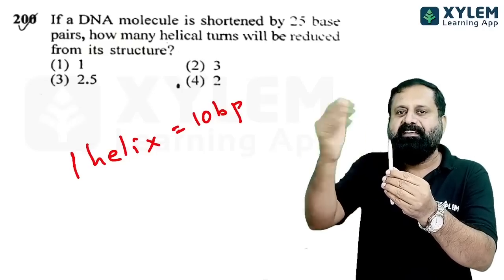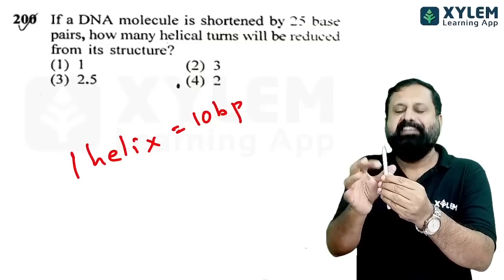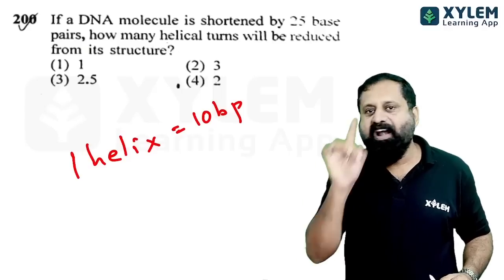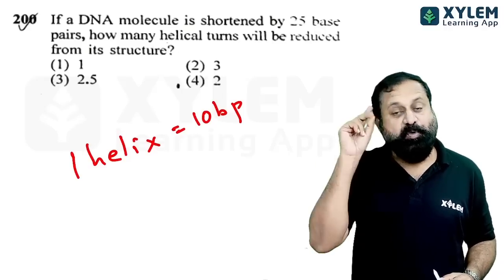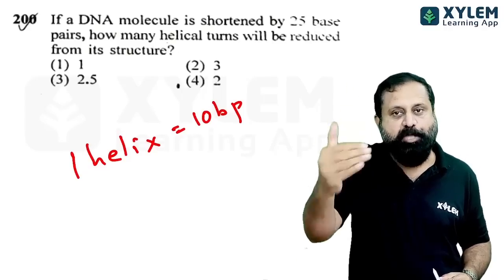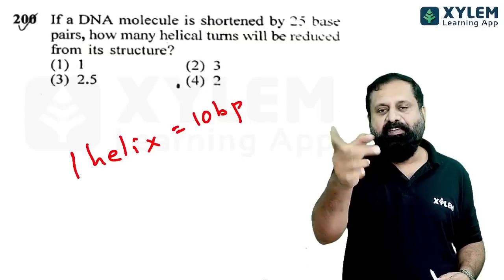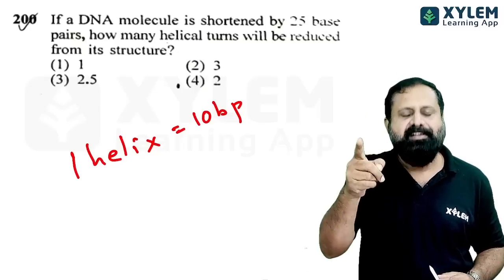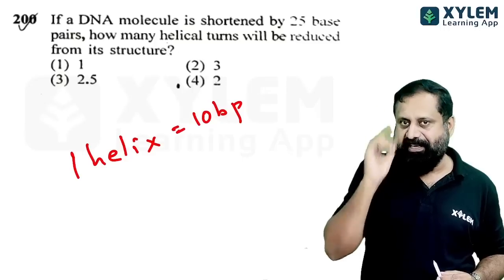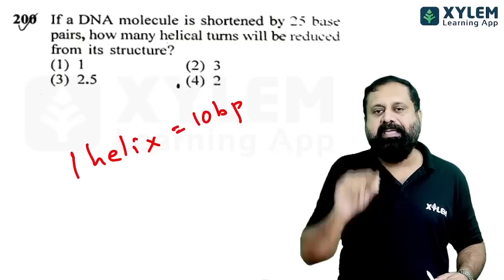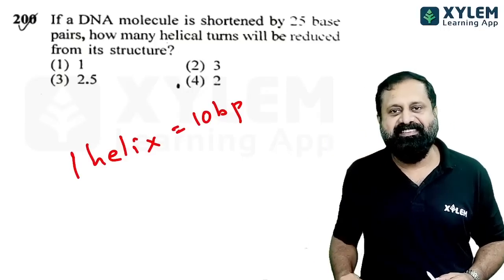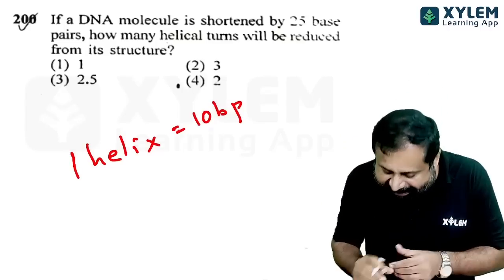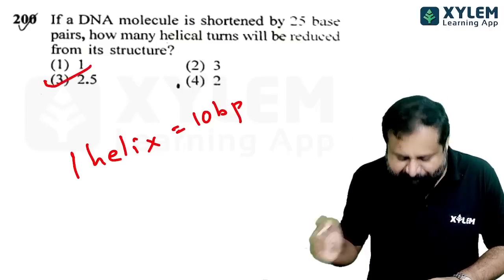When you remove 25 BP, how many turns will reduce? That's the question. One turn is 10 BP. So if 25 BP is reduced, you will lose 2.5 turns. Just imagine 10 BP form one helix, so 25 BP can form 2.5 helix. So when you reduce 25 BP, you will lose 2.5 helix. The answer should be 2.5.